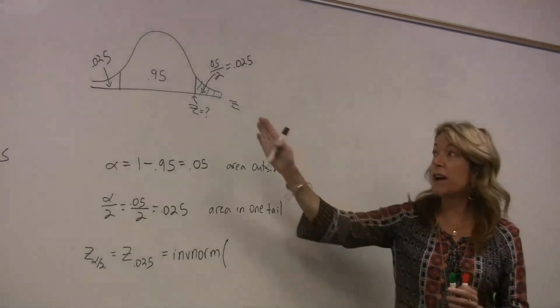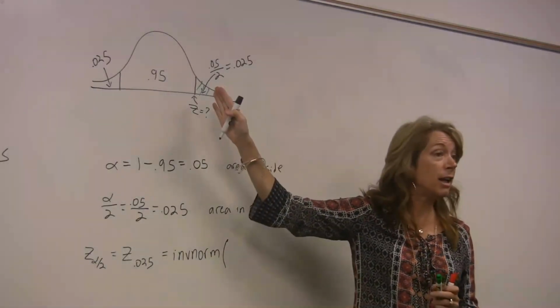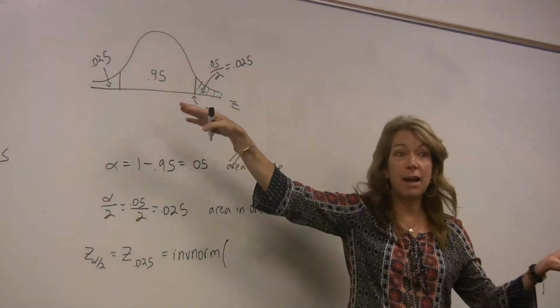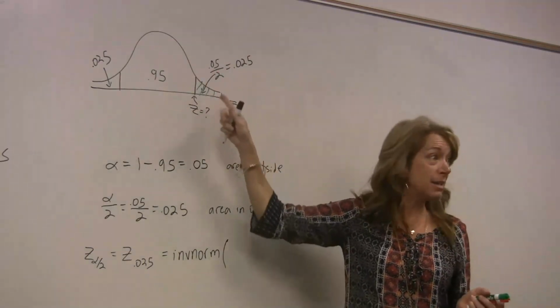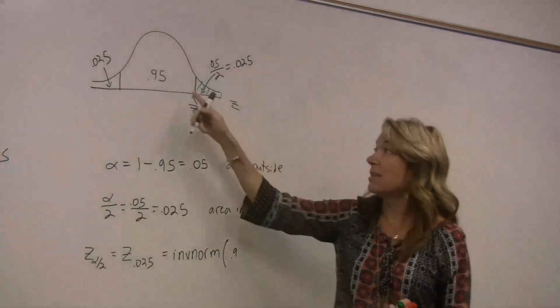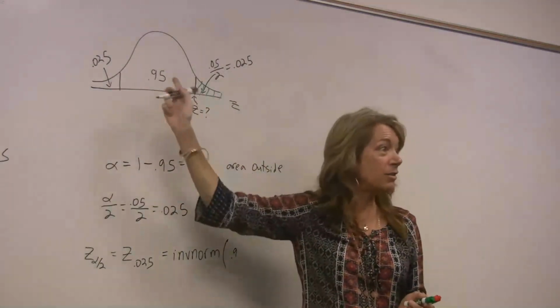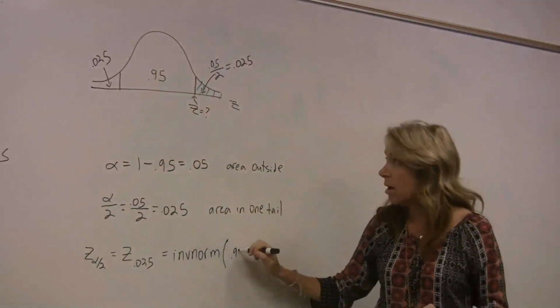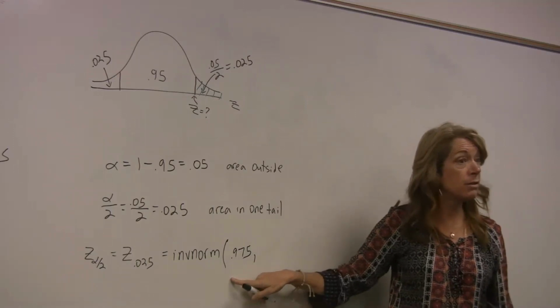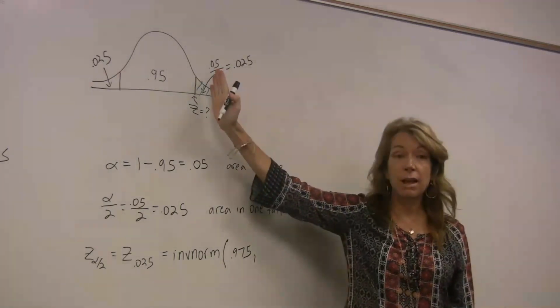I heard lots of voices. It's not 0.025 because I always have to tell my calculator the area to the left. 0.975 she's saying. 1 minus this essentially. Or you could just take 95, or you could add those two, or you could take the complement. But do we all agree that 0.975 is the area to the left? Everything to the left of my hand here?